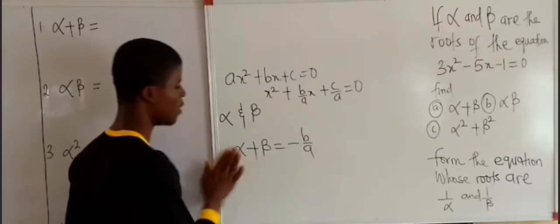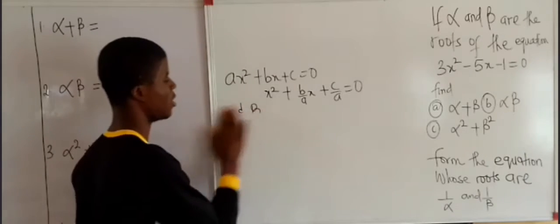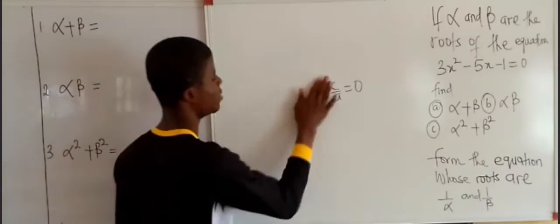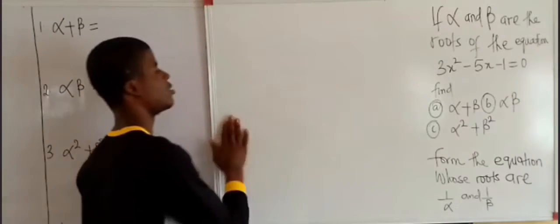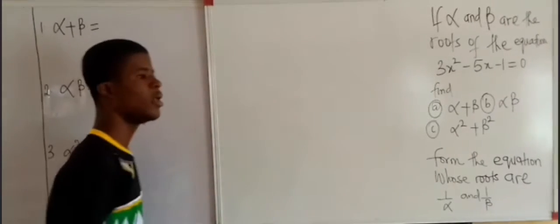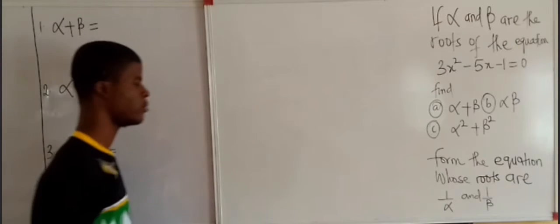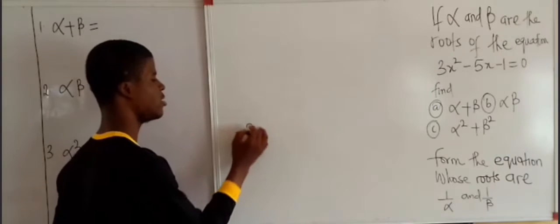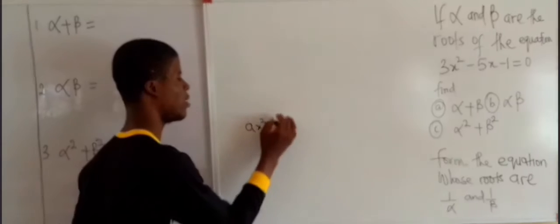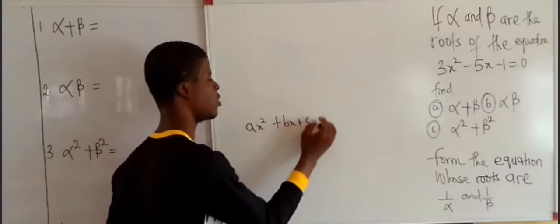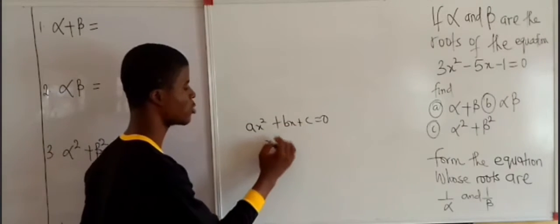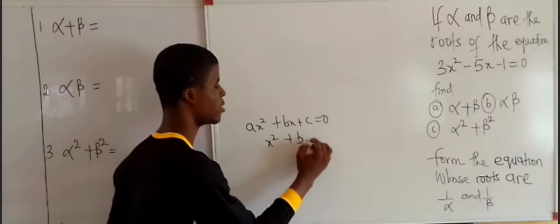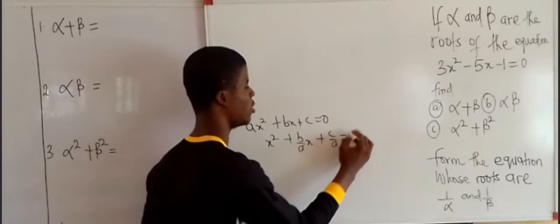So I want you to know that alpha plus beta is equal to minus b over a, and alpha beta is equal to c over a. Now, what do you observe? You would ask me, I said this is ax squared plus bx plus c equal to 0, giving us x squared plus b over a x plus c over a equal to 0.